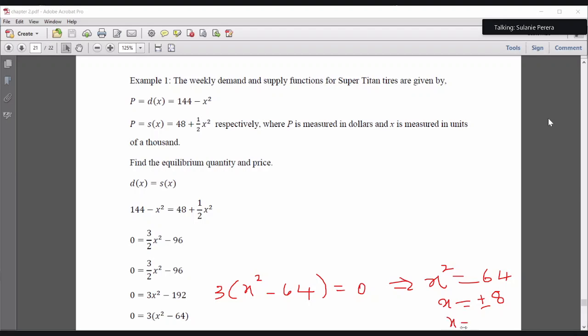So only x is 8. When x is 8, you can find the price: 144 minus 8 squared, so the price is 80. So that's how you find the equilibrium quantity and price.